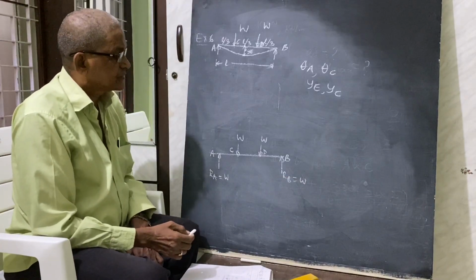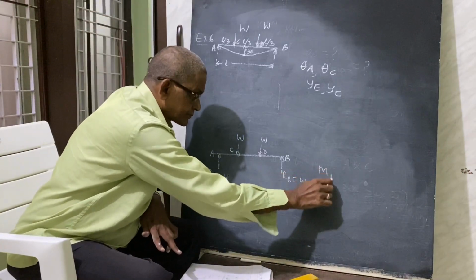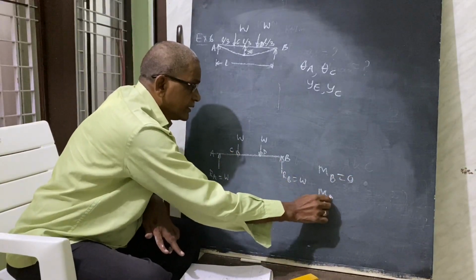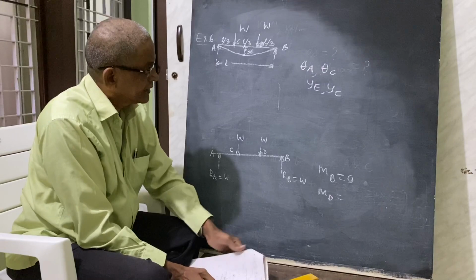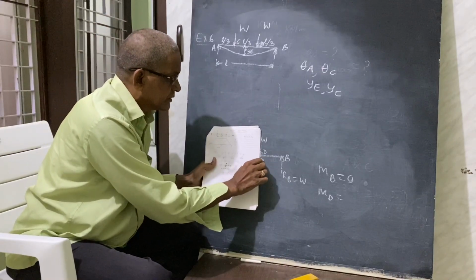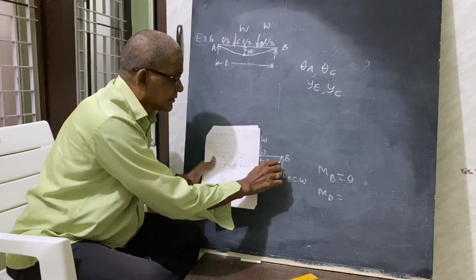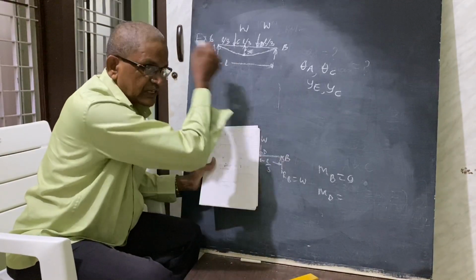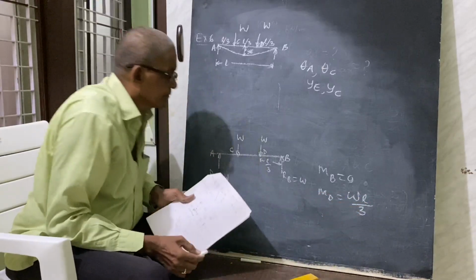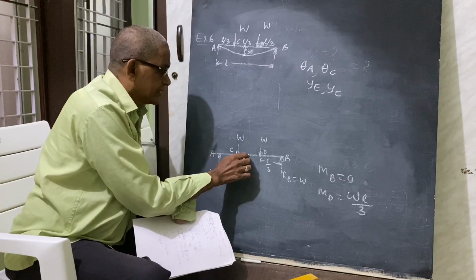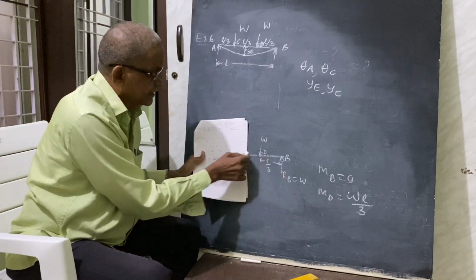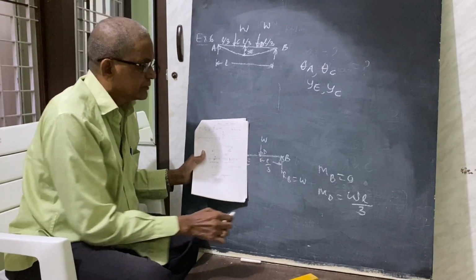So I will find the moments. What is the moment at B? 0. Then moment at D. If you take moment at D, what you will have? W into the distance L by 3, W into L by 3, which is sagging. So let us take the moment at the center point also, E. Center point means this is L by 2. What is the moment at E now?